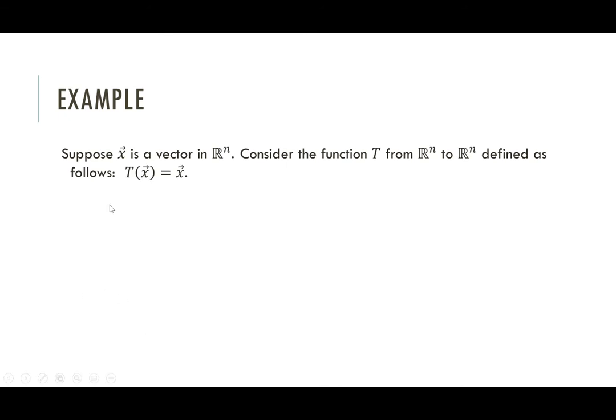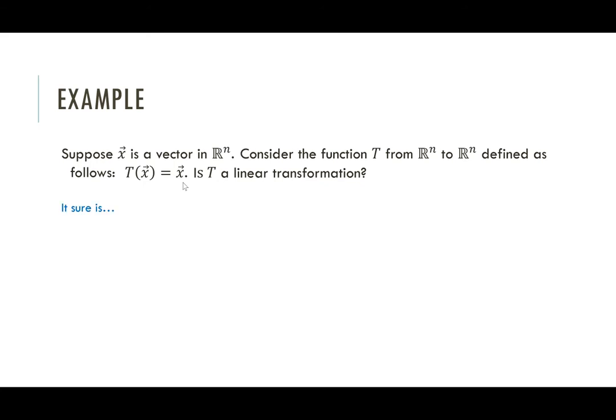So what this is saying is that for this transformation, you input a vector x, and you get that vector x back out. Is T a linear transformation? Which is asking, I mean, it's not really doing anything, but can it be represented by matrix vector multiplication? So is it linear?